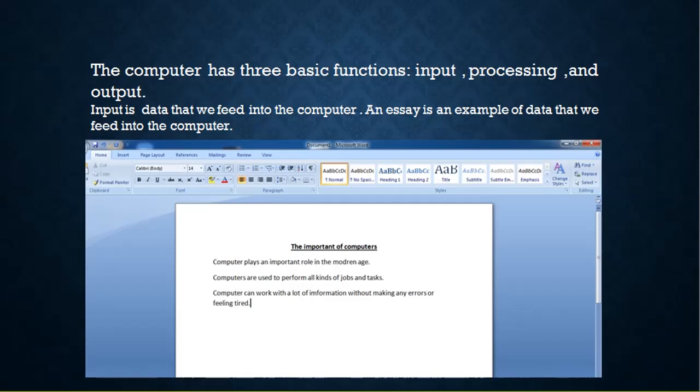The devices that we use to send information or enter data into the computer are called input devices. These include the keyboard, mouse, microphone, touch screen, stylus, light pen, and joystick.